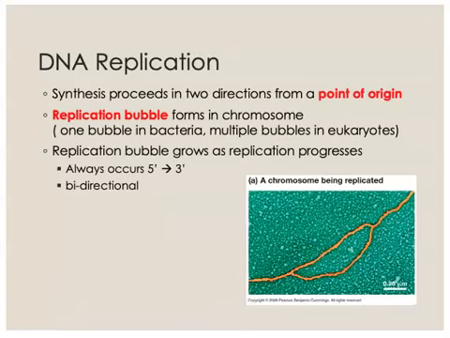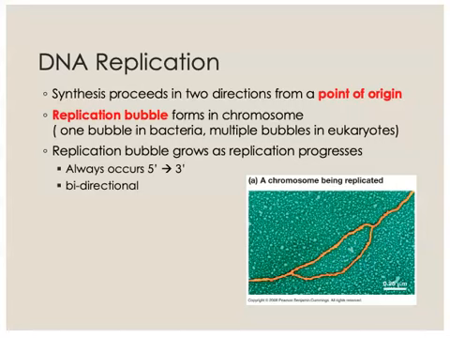So we're going to talk about this process of DNA replication step by step, and we're going to talk about it the way it happens in a prokaryotic cell. DNA replication proceeds in two directions from what we refer to as a point of origin. Now, in some reference materials, you'll hear them refer to it as the origin of replication.